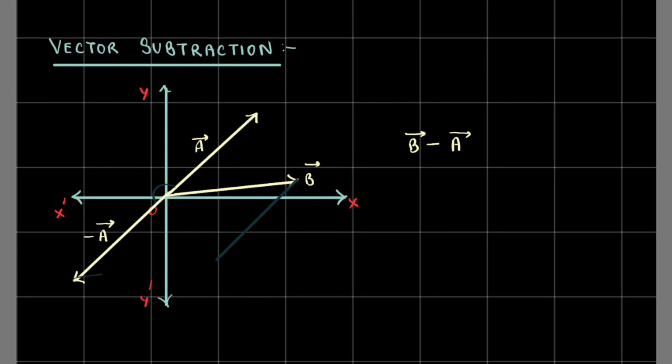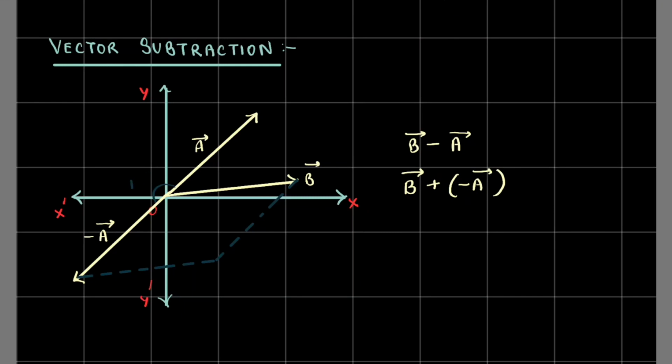We just make a parallelogram out of the new sides. The new sides are b and minus a, because b minus a can be denoted as b plus minus of a, right? So b plus minus of a, it's that simple.